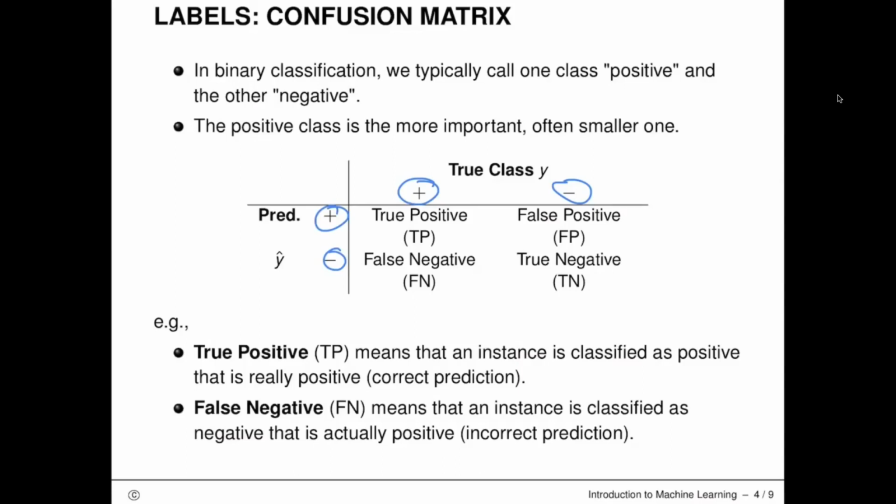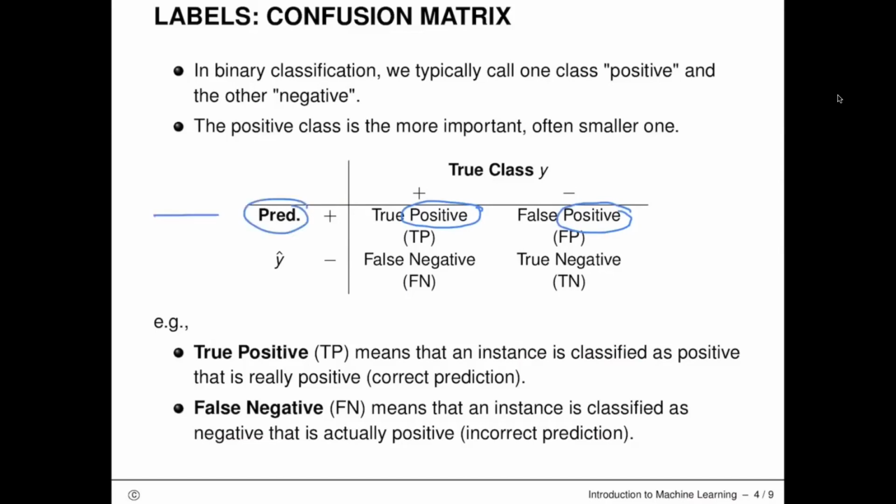There are the true positives. True positive means that an instance is classified as positive and is really positive. And false negative means that an instance is classified as negative, but it is actually a positive one. So perhaps to explain this the other way around, the positive in true positive and false positive means that we have a positive prediction.